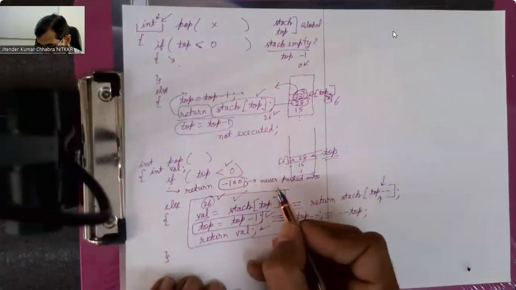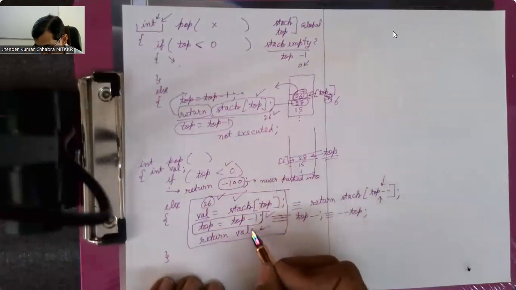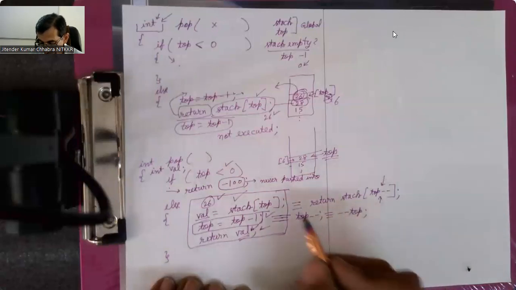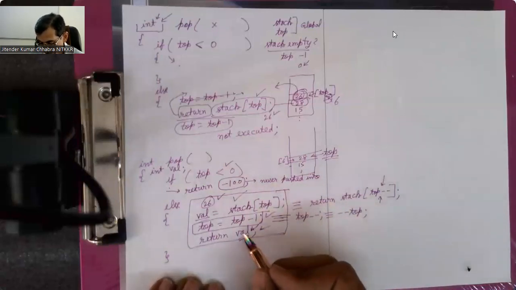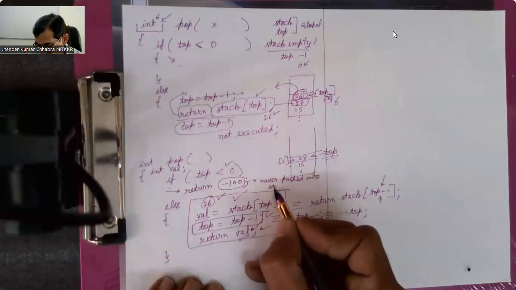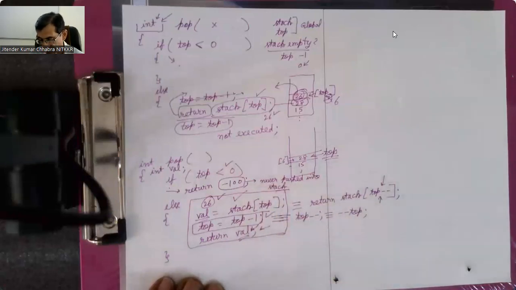Because if minus 100 was being pushed and through return val minus 100 is returned back, I have no way to decide whether minus 100 came because of return val or because of a failure, an unsuccessful pop or empty stack. So I will reserve one value, something like minus 100, which will be used to return the status. So by this, you should be able to do programming easily.